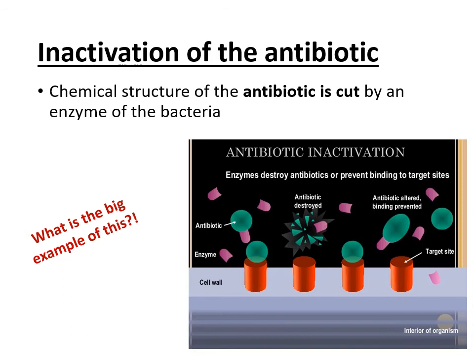Okay? With that inactivation of that particular antibiotic, of penicillin and cephalosporins as well, you have the idea of the enzyme being beta-lactamase. And the beta-lactamase will cut the beta-lactam ring of penicillin, or the penicillin family of drugs.